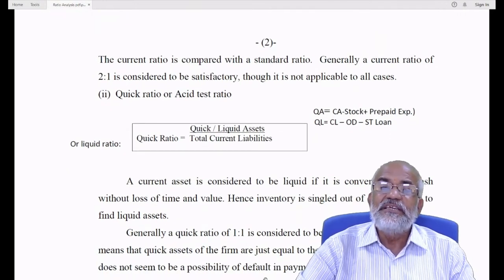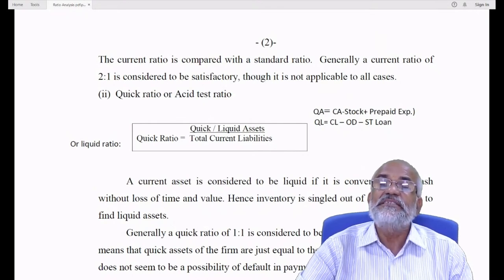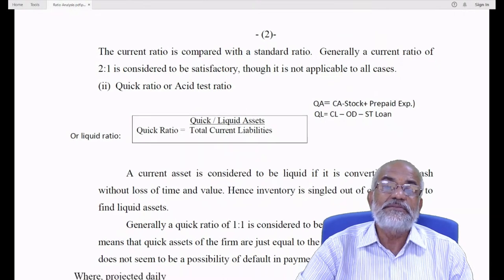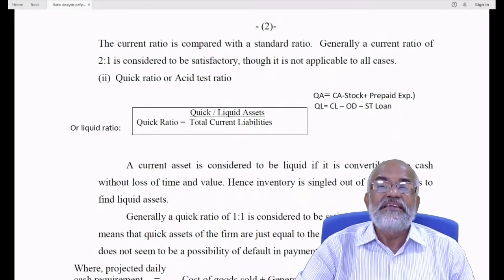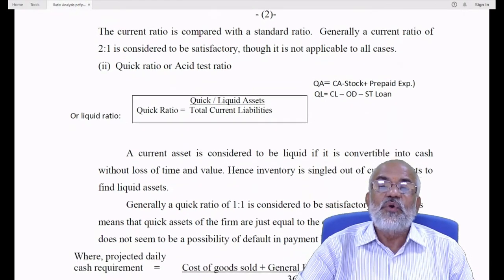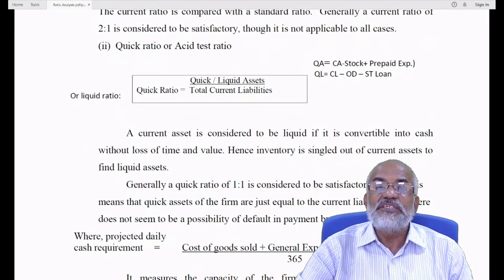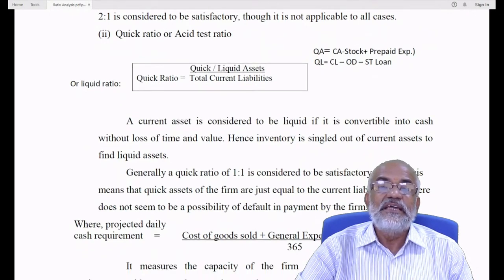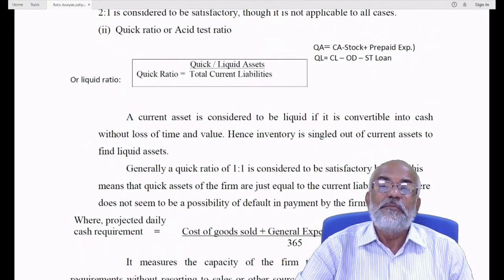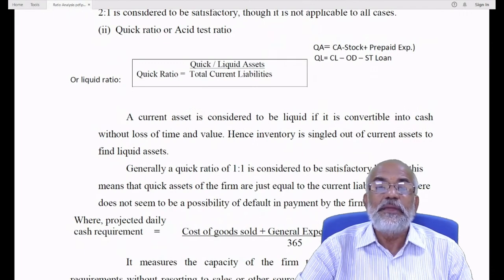Hence, inventory is singled out of current assets to find liquid assets. So also is the case with prepaid expenses. Generally, a quick ratio of 1:1 is considered to be satisfactory because this means that quick assets of the firm are just equal to the current liabilities, and there doesn't seem to be a possibility of default in payment by the firm.